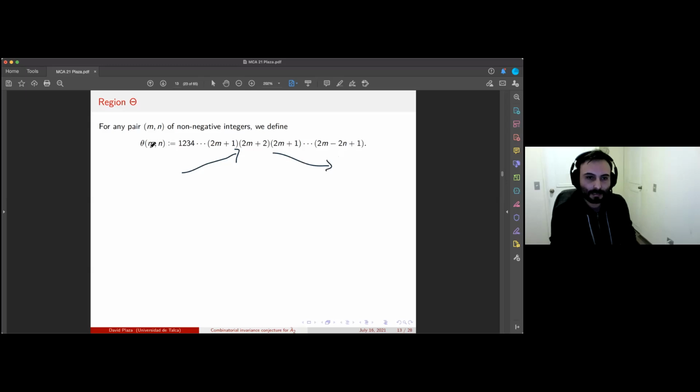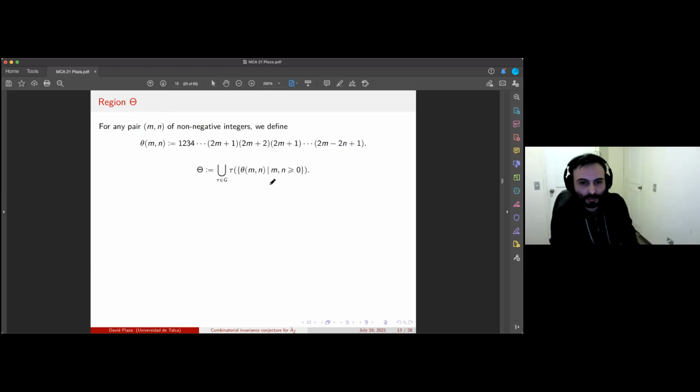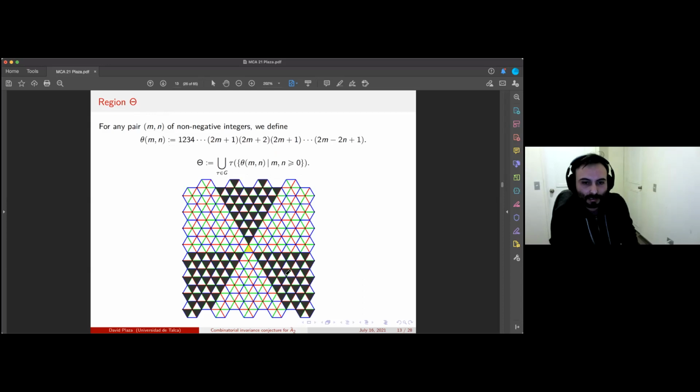Graphically, these elements theta mn correspond to these black triangles. And as before, to define the full region theta, we want to consider these triangles and their g orbit. So this is the definition, and graphically we get this region. The second region, that is region theta.